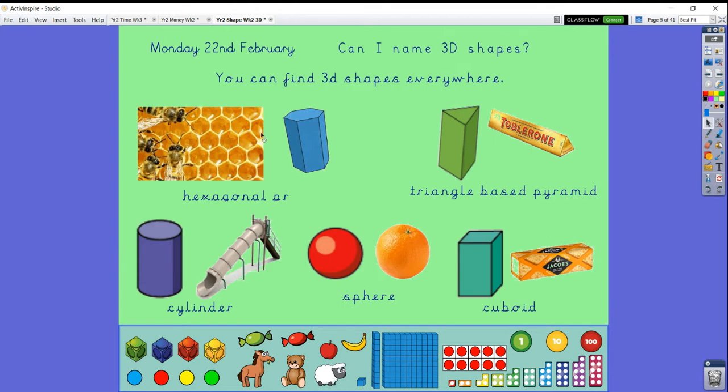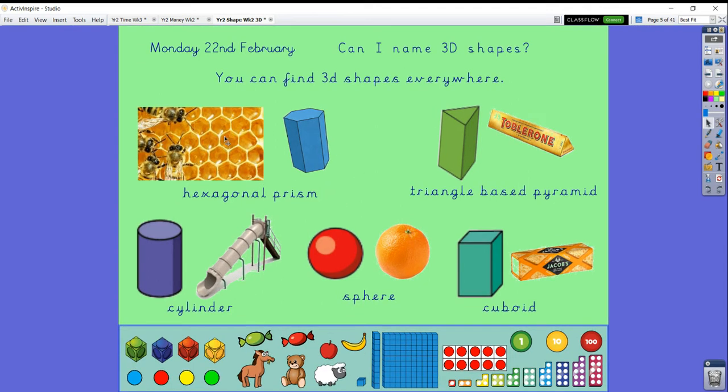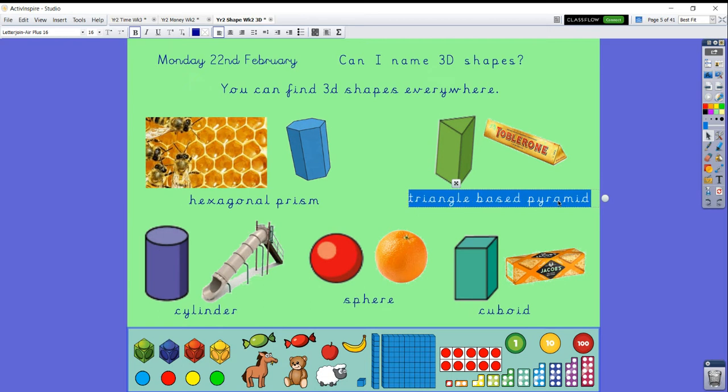I was wondering, and actually we can see lots of these different shapes all around us all the time. Bees use hexagonal prisms to store their honey in. This very lovely type of chocolate comes in a triangle-based, not a pyramid, a triangle prism.